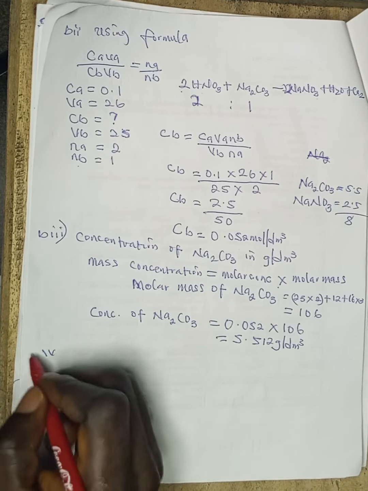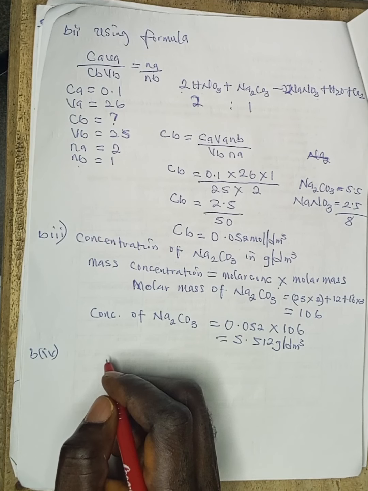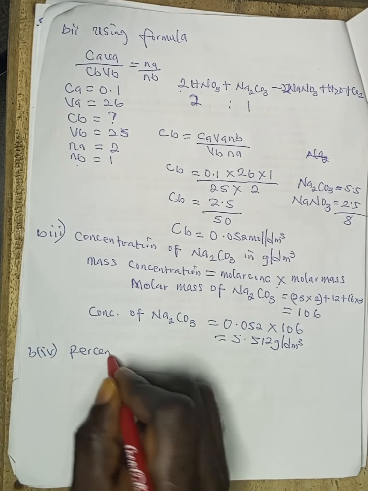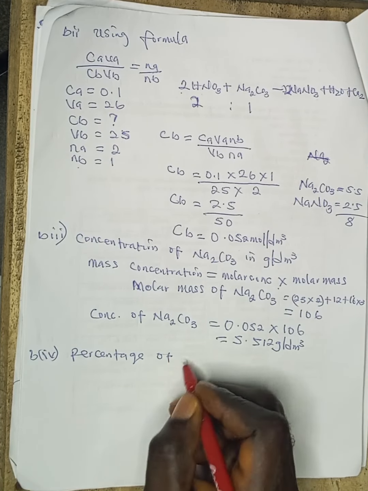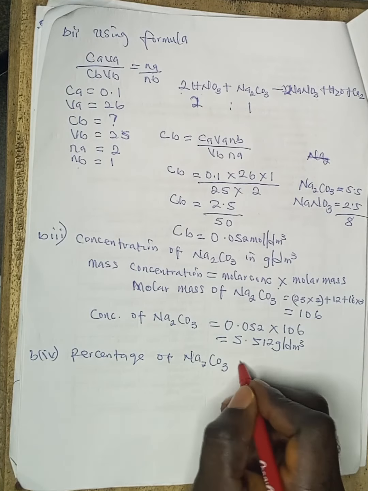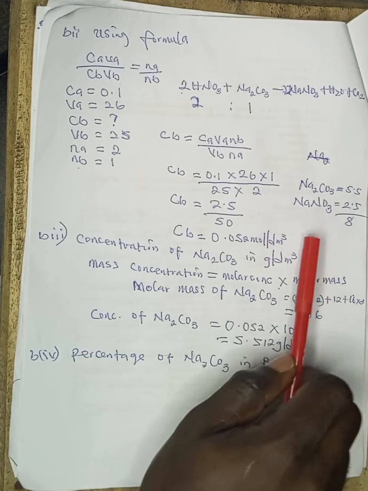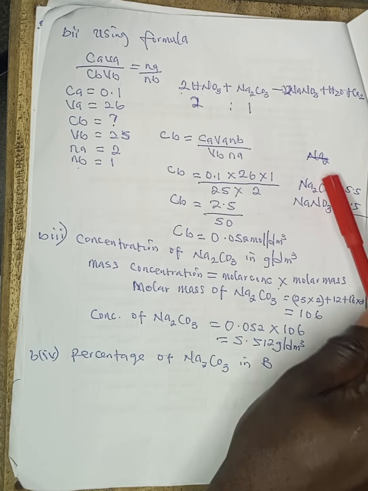Now in the question, let's say IV, that is BIV, they say they should calculate percentage of Na2CO3 in B. B is a mixture of these 2 salts. They are now asking to calculate the percentage of this one in these 2 salts.